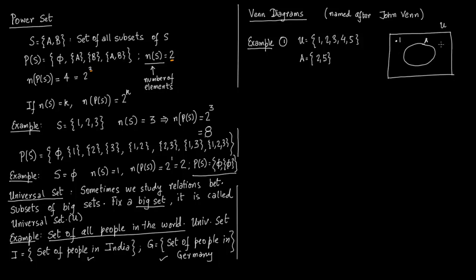A contains elements 2 and 5, so we write 2, 5 inside the oval which represents set A. So we have 2, 5 in A and 3, 4 outside.